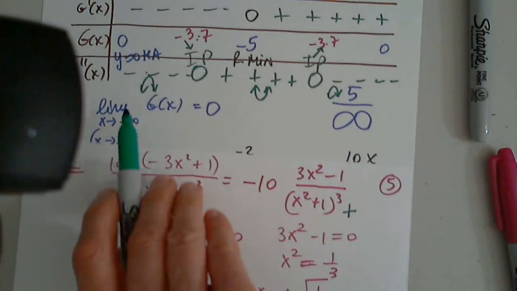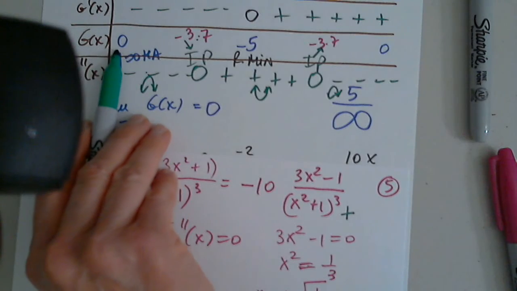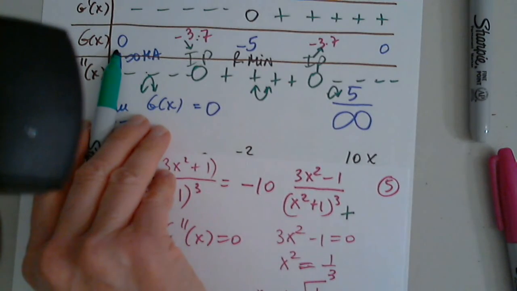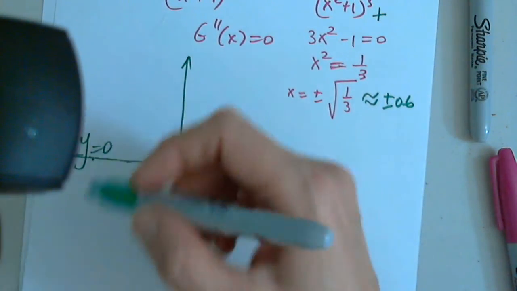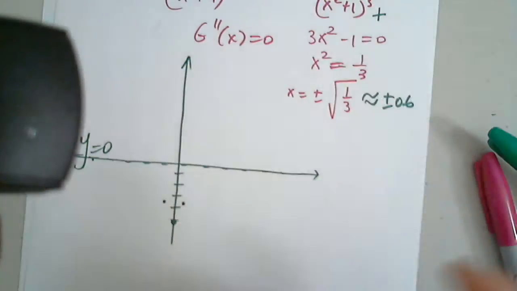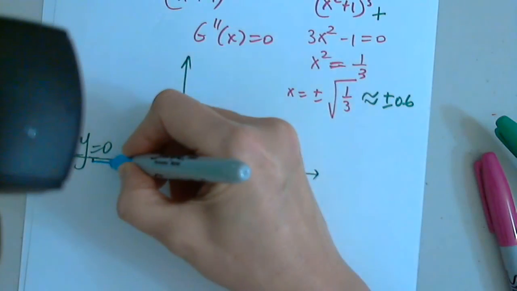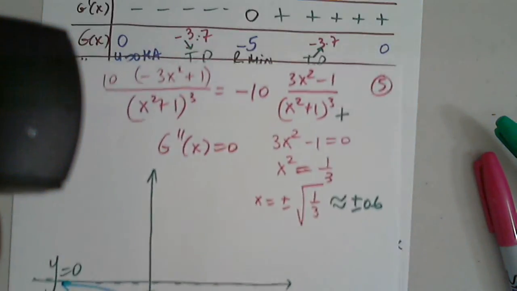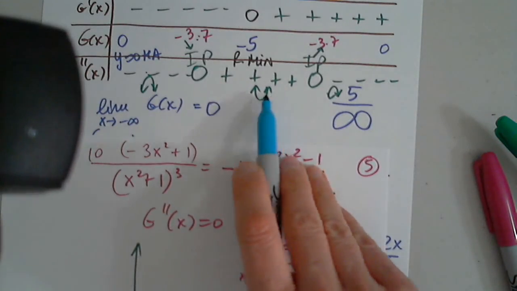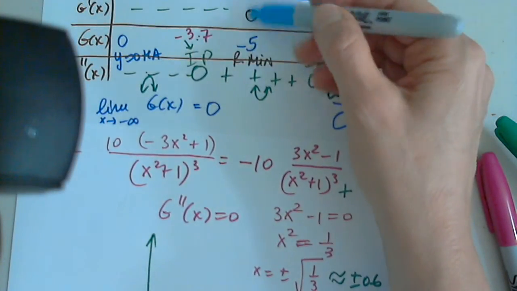Okay, so opening down from approaching 0 to the inflection point. Opening down to the inflection point. Then it opens up, it reaches a relative minimum.